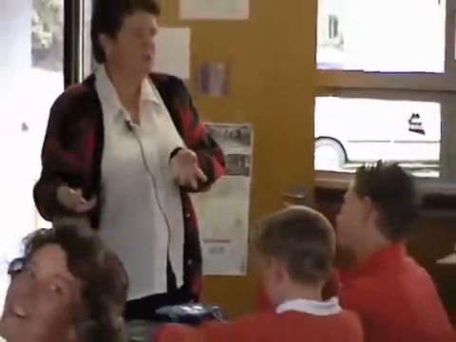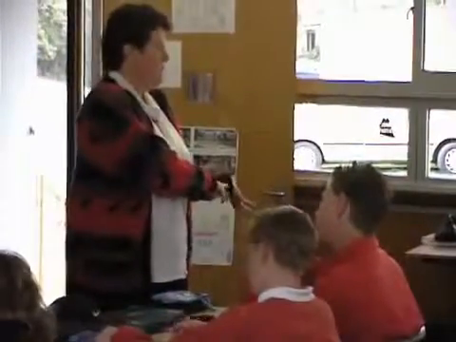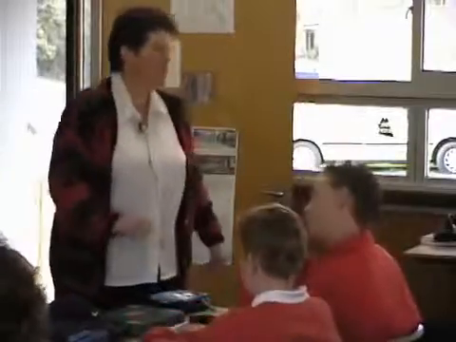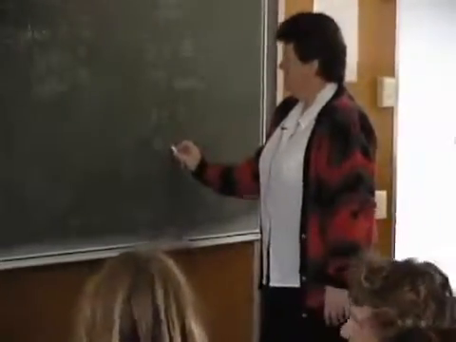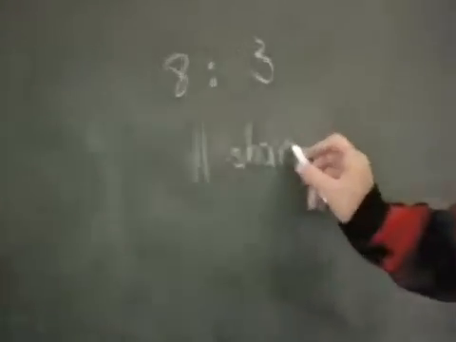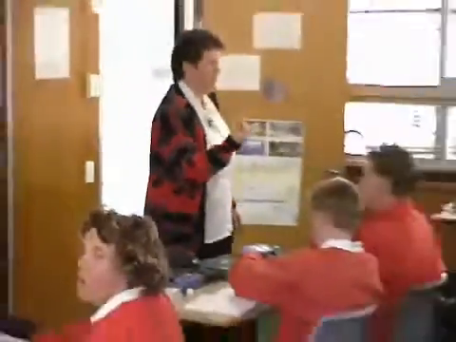If you've used 8 to 3, you should have 8 empty boxes on your left-hand side and 3 empty boxes on your right-hand side, which means you have used 11 boxes, shares, piles, whatever you want to call it, any kind of grouped word.